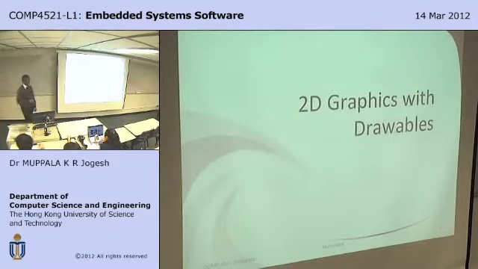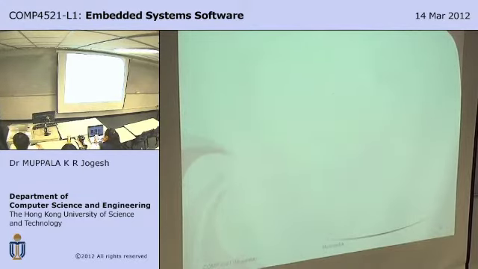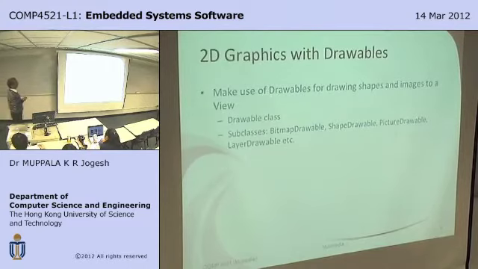First, simple 2D graphics kind of things with something called Drawables. What are Drawables? Drawables can be used for doing things like drawing shapes and images to a view, like a text view.